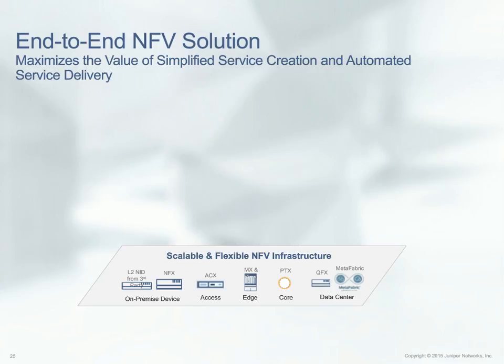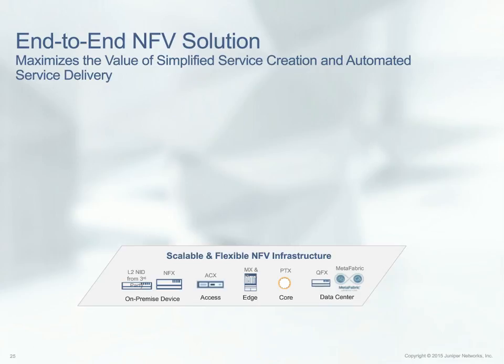The NFV infrastructure is really one of the most essential elements in terms of the distributed cloud, because this is where the devices that exist, whether it be in the CO, the data center, or at the customer prem, need the capability to work with the management and orchestration system to fulfill against this virtual deployment of VNFs.